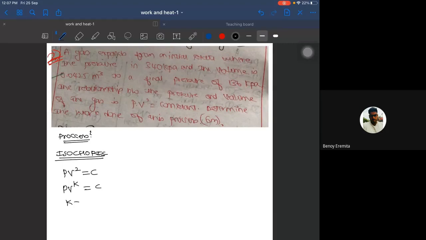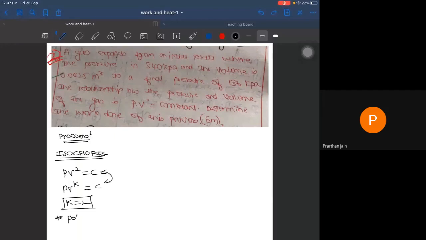What is that process where the value is some number apart from 0, apart from 1, apart from infinite, or the value of gamma, it is something other number which is 2, which is given in the problem. Now identify the process. Polytropic. Exactly. So it is a polytropic process.